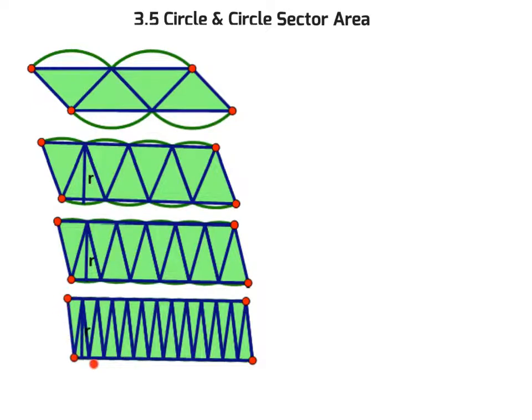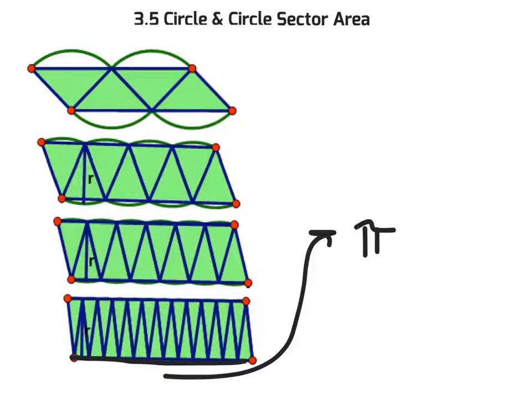Now you're starting to see a parallelogram form, aren't you? And let's learn a little bit about the parallelogram's information. How far is it from one side to the other? Well, it would be pi r.